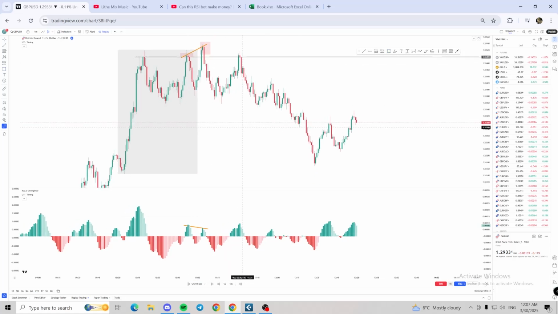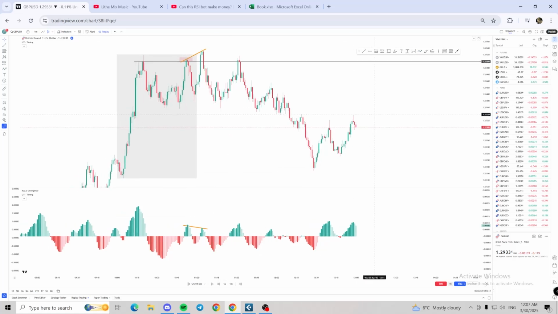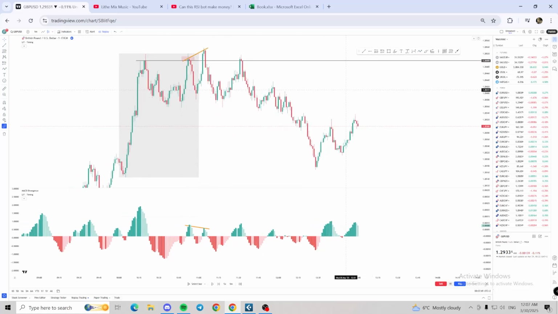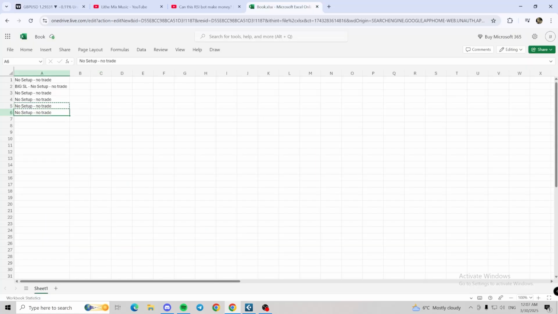But I have not yet made a strategy for it, because it's not always going to happen like this, right? Sometimes it can just keep on going. Yeah, that's another strategy I have to work on. But again, we can say no trade.